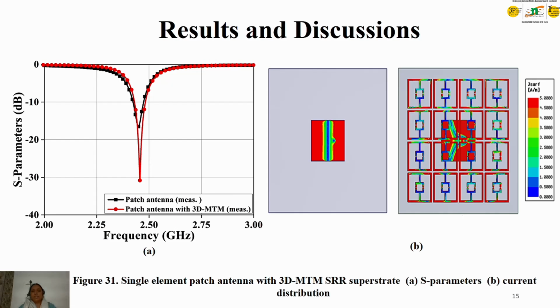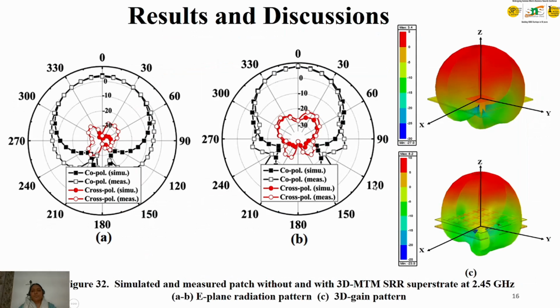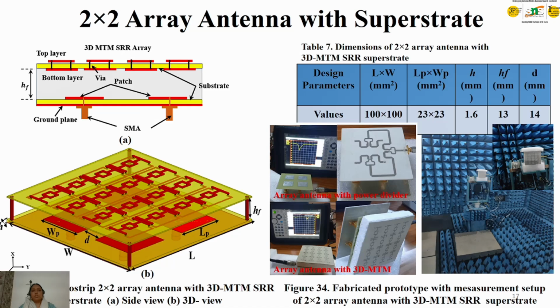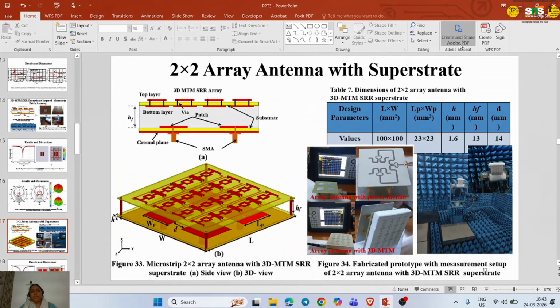Here you can see the current distribution as well. Without the metamaterial, the gain was 3.4 dB. Once we place the metamaterial structure, the gain is 8.2 dB, which is almost 5 dB of increment.